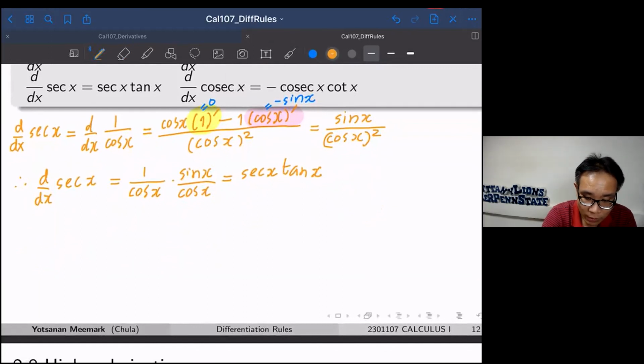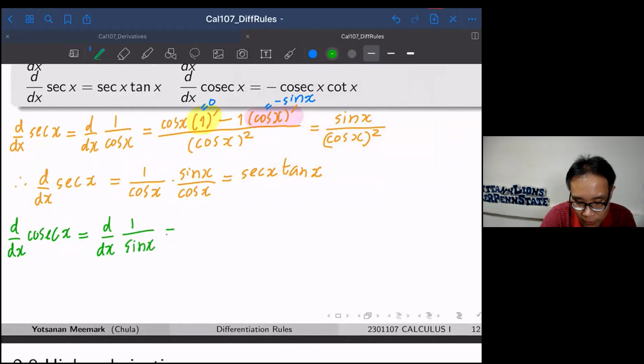And you're going to have the last formula, which is the derivative of cosec x. So the derivative of cosec x is going to be d/dx of 1 over sin x.